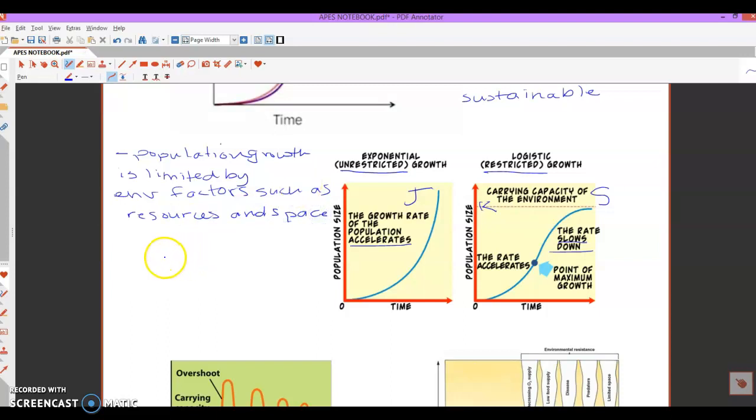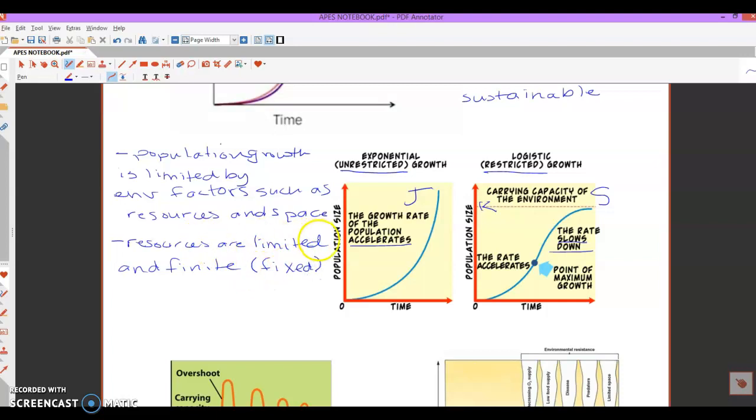Okay. Now, we say that resources can be limited because obviously we don't have an infinite supply of things. So resources are limited, and we call this finite. Finite's a fancy SAT word, okay? Finite means it's fixed. There's a certain amount.